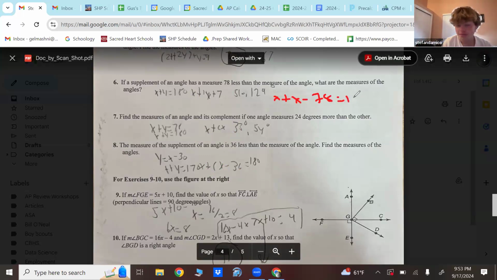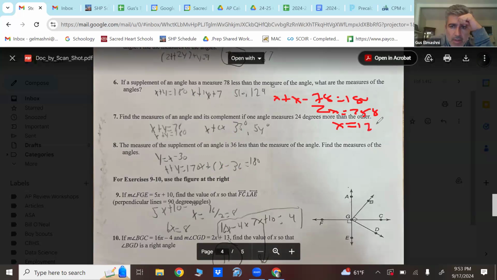Yeah, equals 180. The 2x equals 258. X equals 129. Yeah, okay, good. And then 51, good. Looks like you're good with those. You've been doing fine with that.